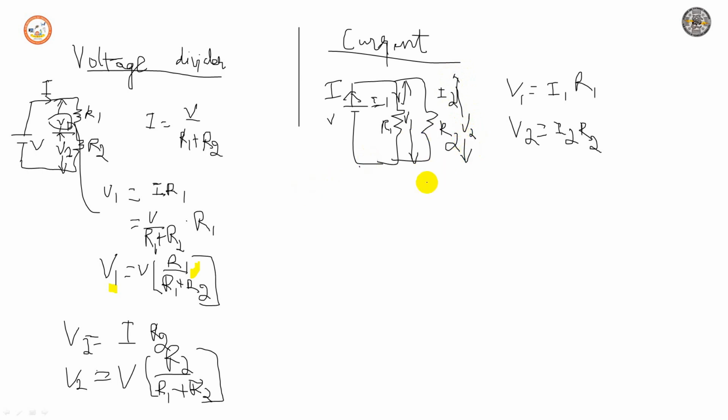According to the parallel circuit I have taught you in the previous video, V is equal to V1 is equal to V2. So when you equate, I1 R1 is equal to I2 R2.